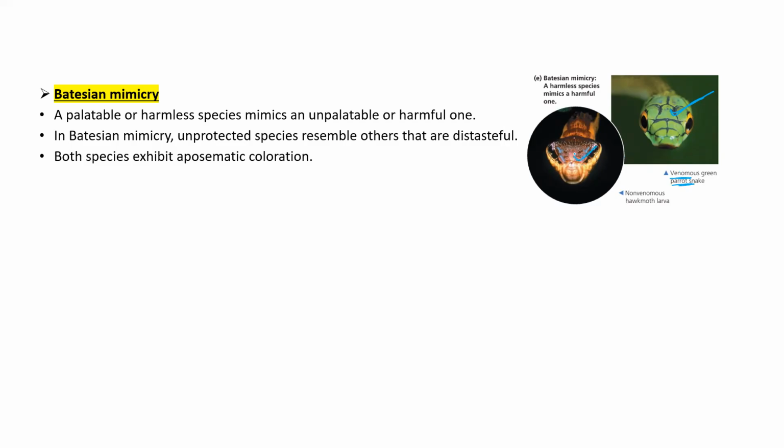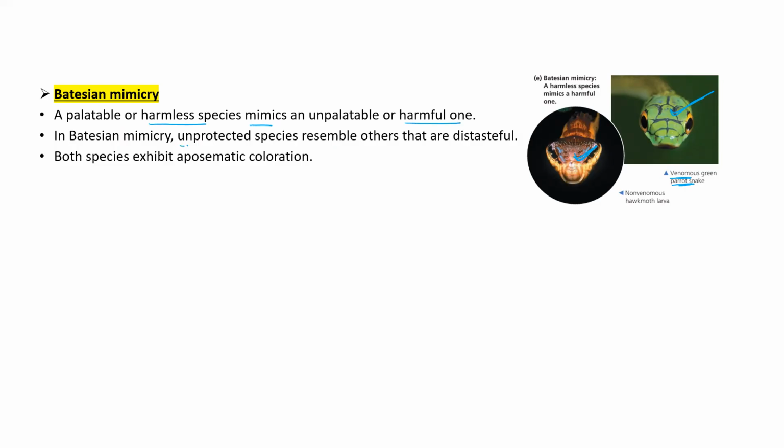And this is non-poisonous. The non-poisonous has made its shape similar to the poisonous one so that they can avoid predation by doing the same coloring pattern that the poisonous is doing. So the harmless species will mimic the harmful one.